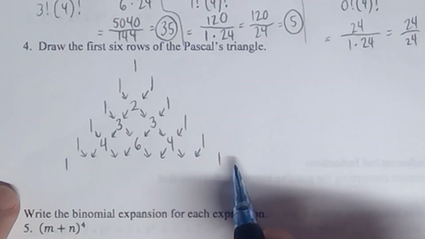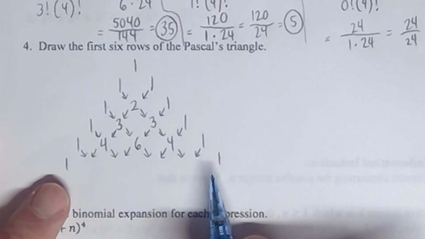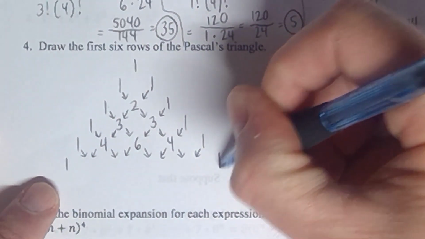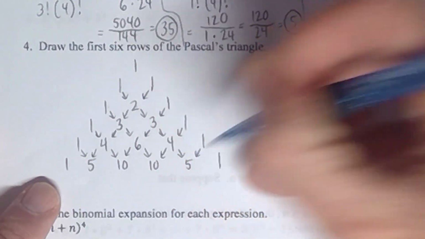And you add up all those pairs, and it will give you the 4 numbers that are supposed to be in the middle of this current row. So 1 plus 4 is 5, 4 plus 6 is 10, 6 plus 4 is 10. 4 plus 1 is 5.